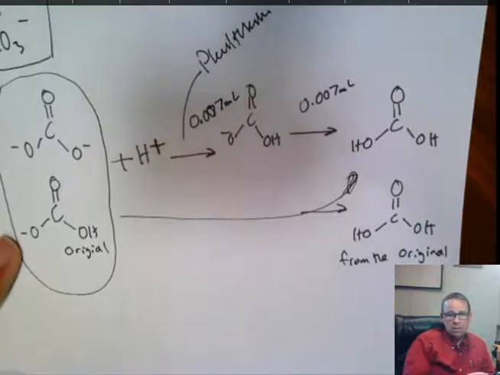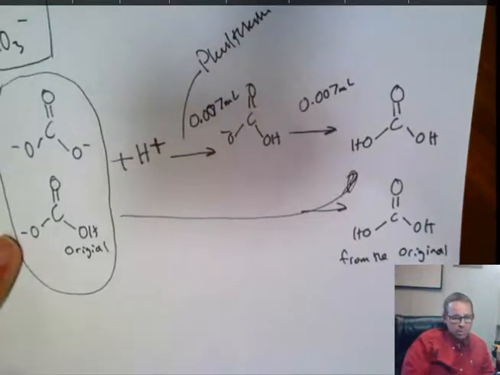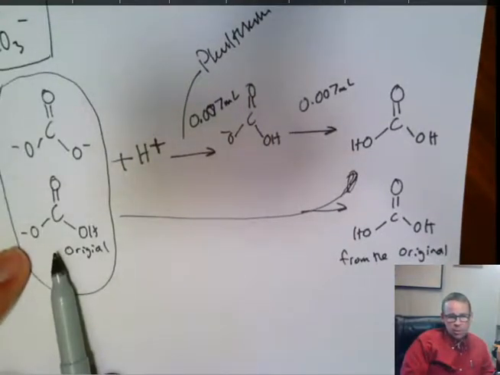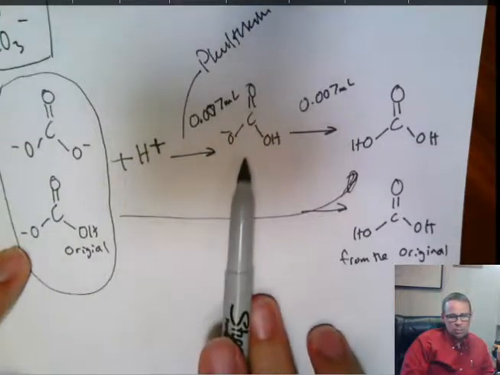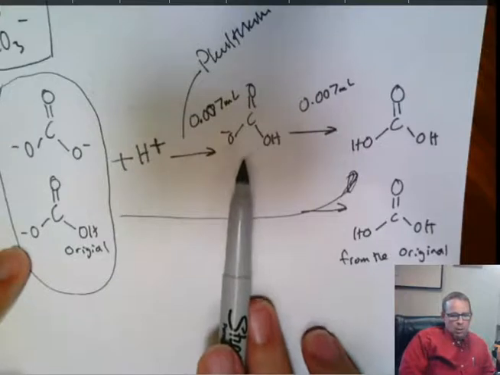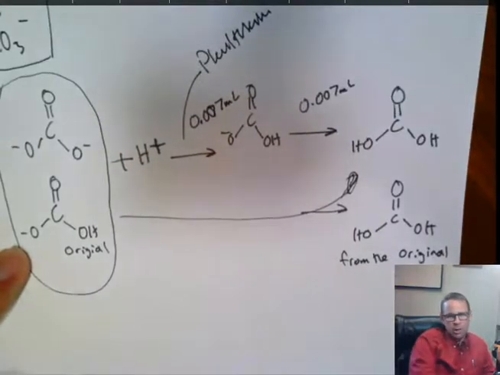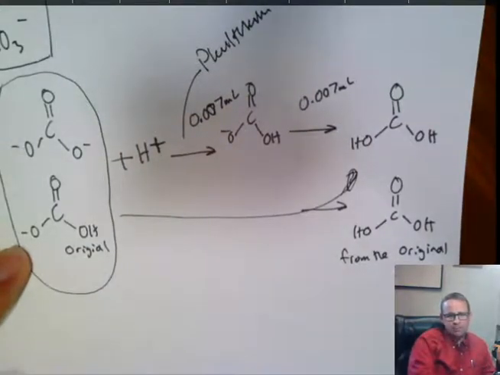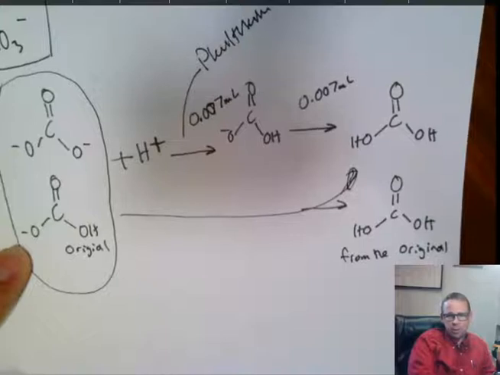Now, once all of the bicarbonate from the original and from the carbonate that we initially started with is converted to carbonic acid, then the methyl orange will change color. Okay?